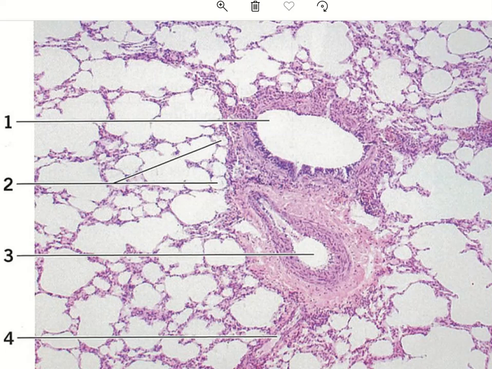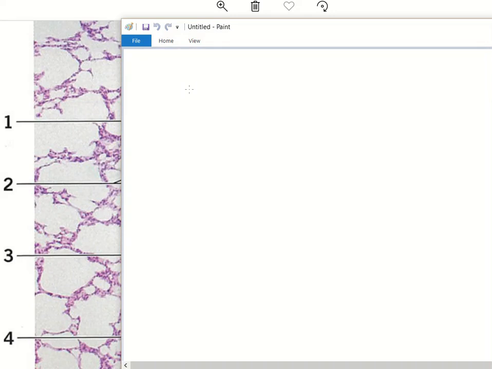So I want you to recall that we said the alveoli are mostly covered in type 1 alveolar cells, and they are going to be simple squamous epithelium.